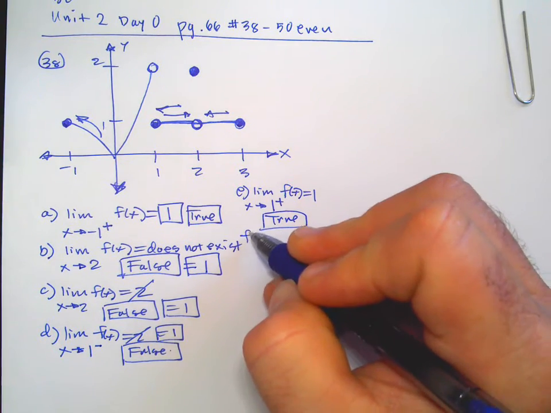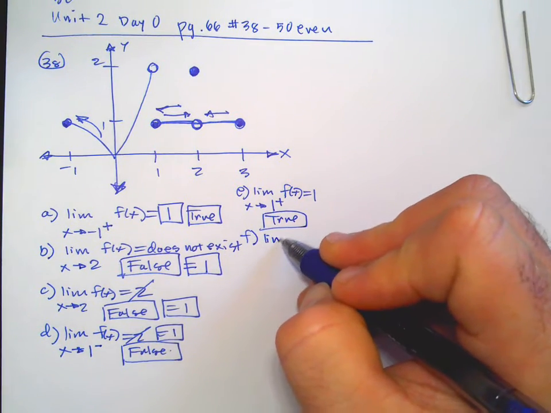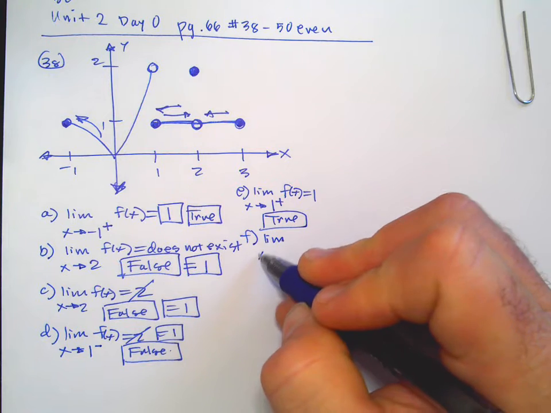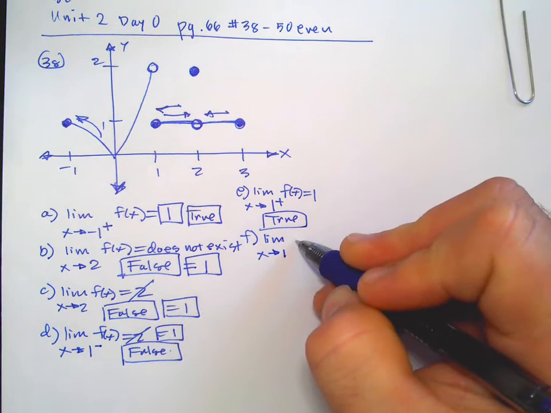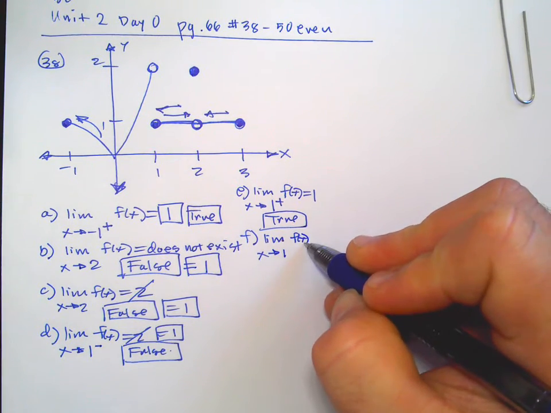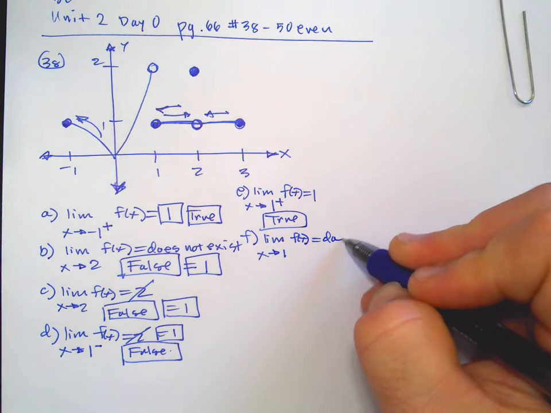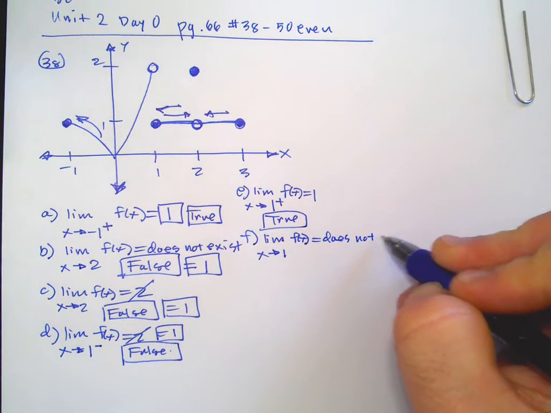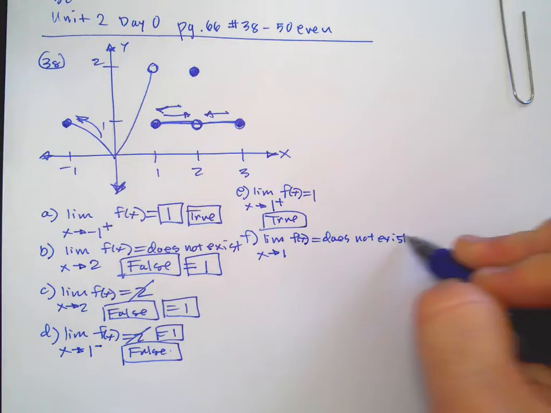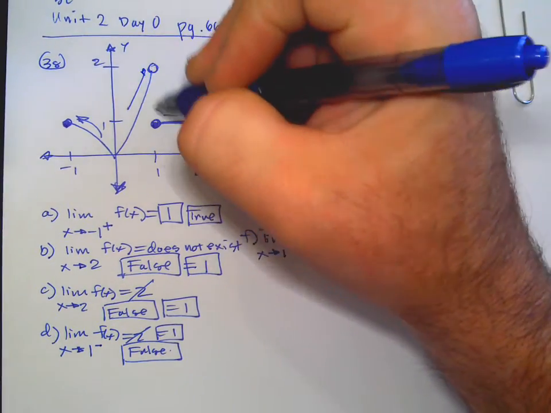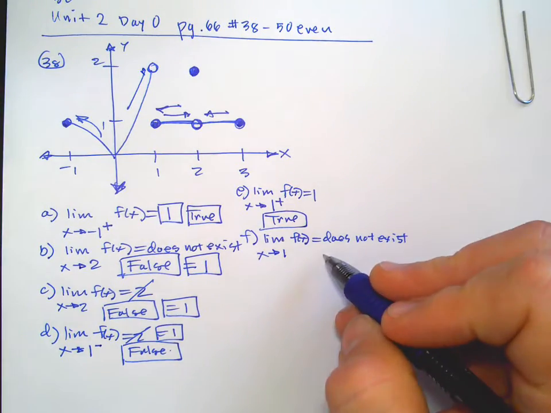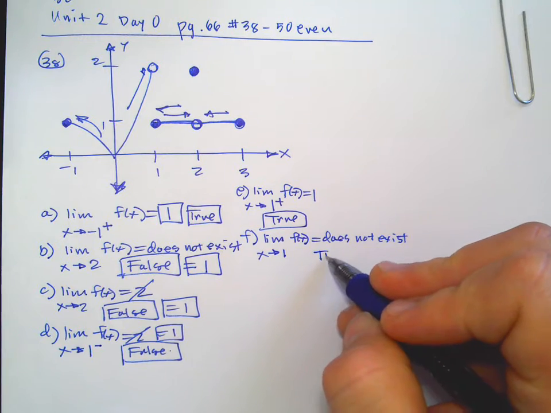F, limit as x approaches 1 of f of x, it says does not exist. Well, yeah, from the left and right sides, 1 doesn't agree, so this is true.